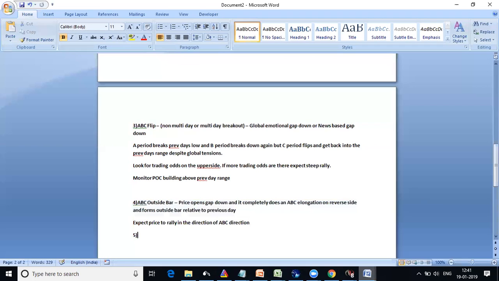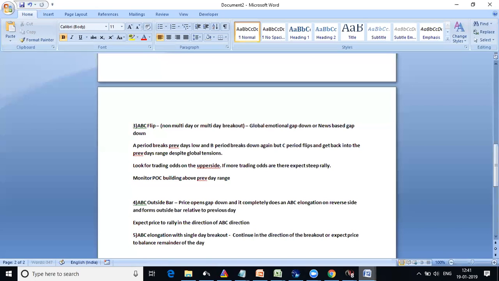Fifth one is ABC elongation with single day breakout. What we can expect in this case is to continue in the direction of the breakout, or expect price to balance for the remainder of the day.